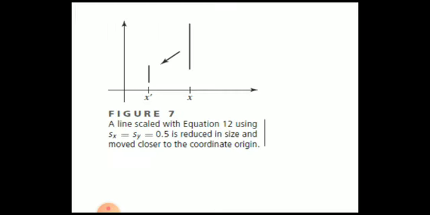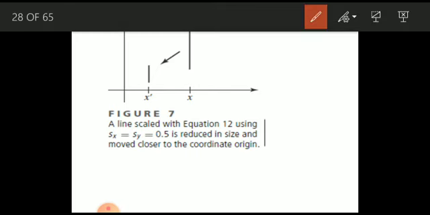Now similarly, you can also see an example here. We have an object, in fact we have this line, and what we do is a line scaled with equation 12 using sx and sy equal to 0.5 is reduced in size and moved closer to the coordinate origin.